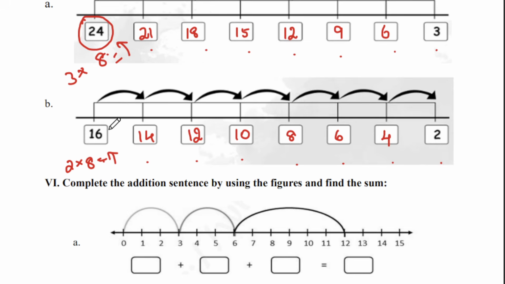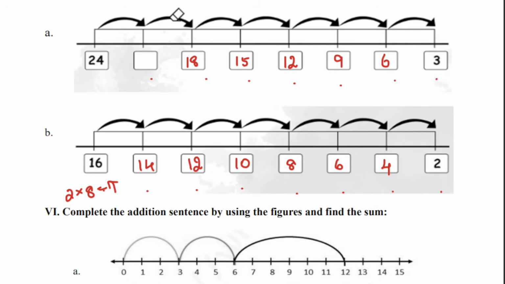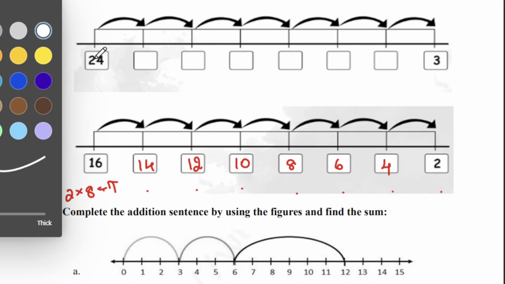Imagine if they are giving a different number. For example, if they are giving boxes from here to here, I'll show you one more example.